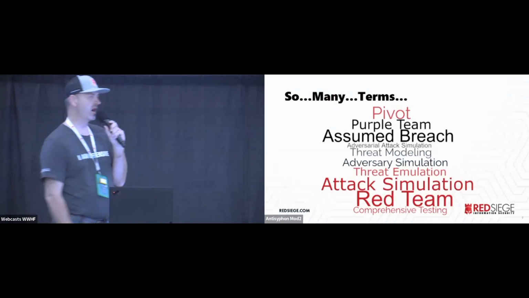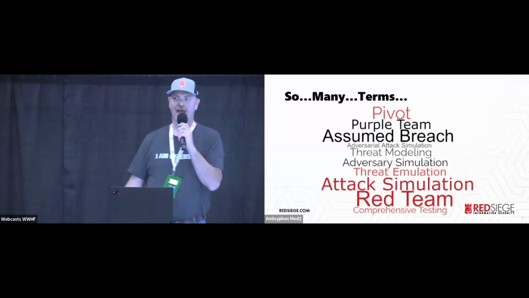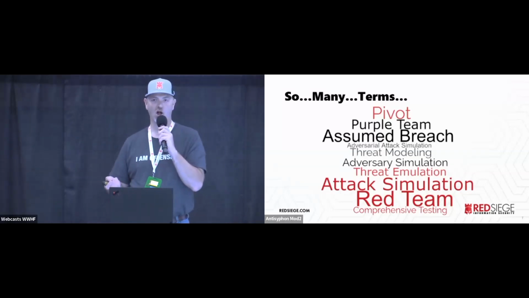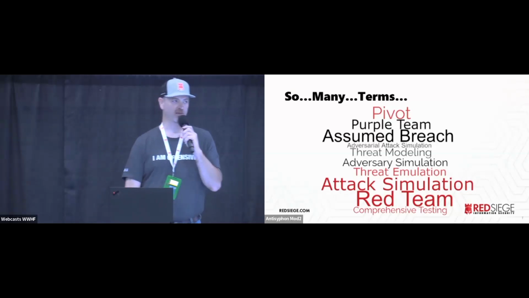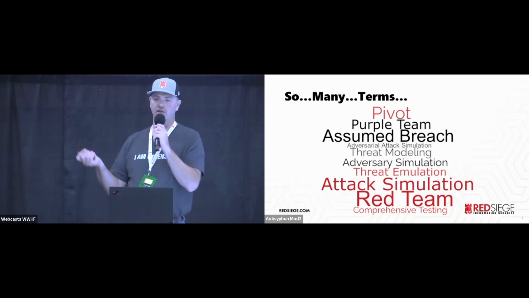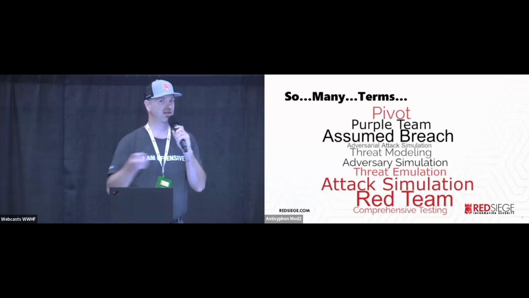I went through and looked at a bunch of vendors and the services they offered. I tried to figure out what they call an assume breach, or what they call a red team. There are all these different terms. For assume breach, a pivot, assume breach, maybe attack simulation.